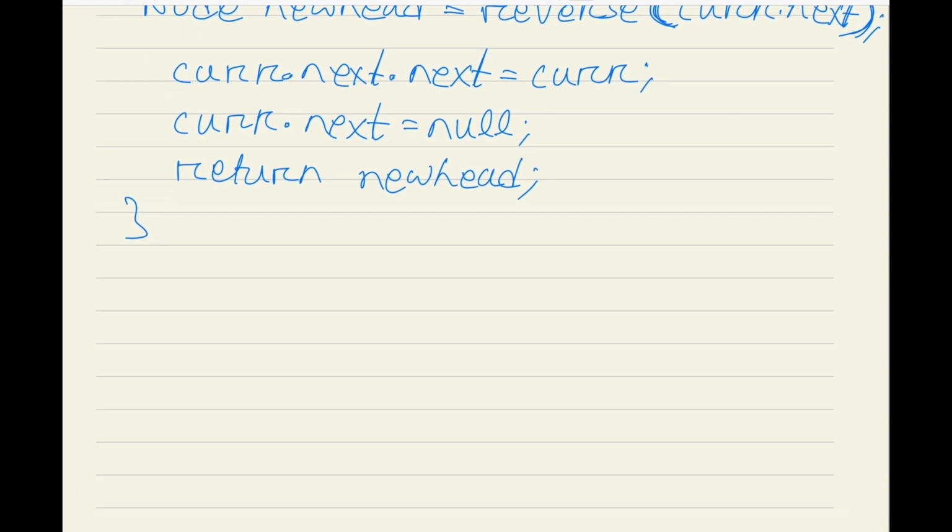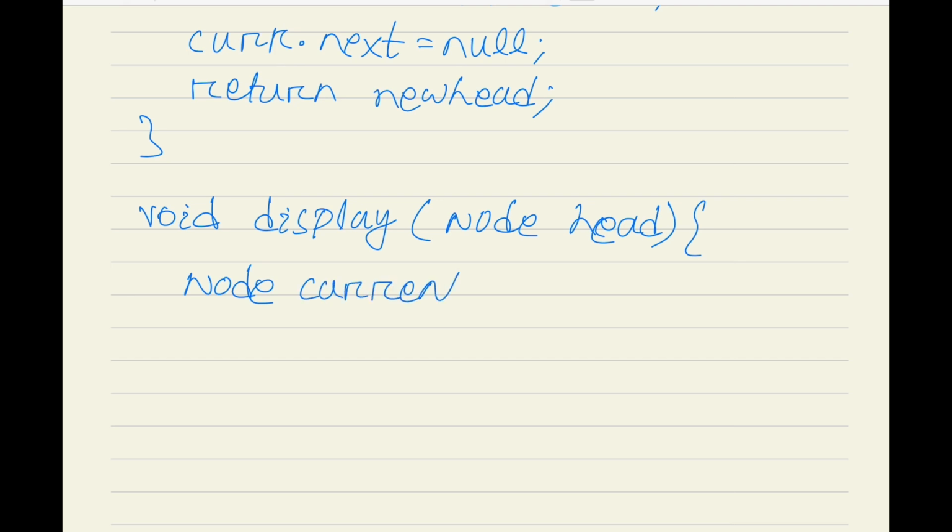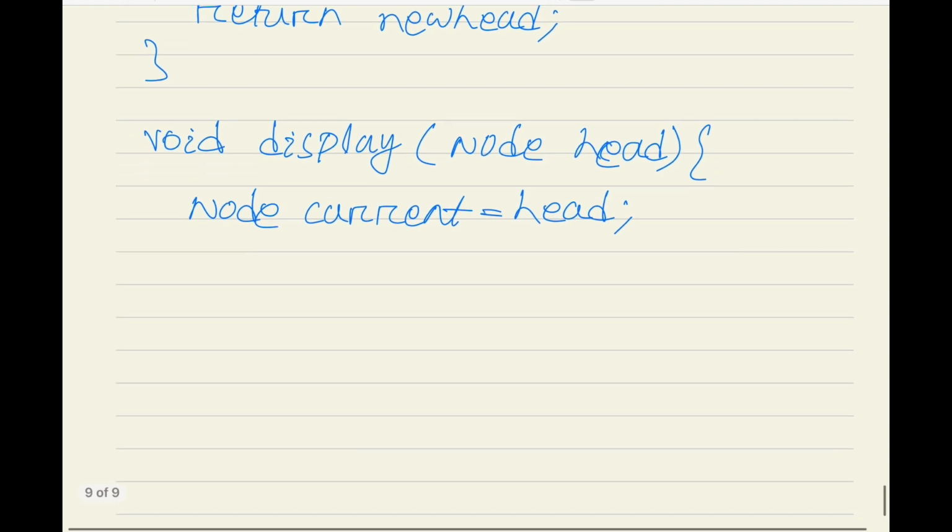Now we can write the display method. So void display, and we are passing the head as argument. So here we are taking another variable current, that is equal to head.